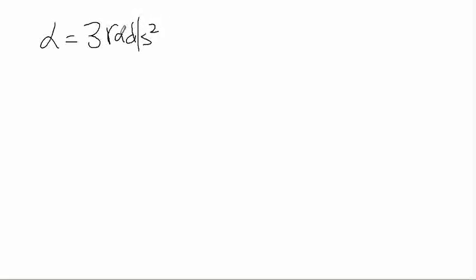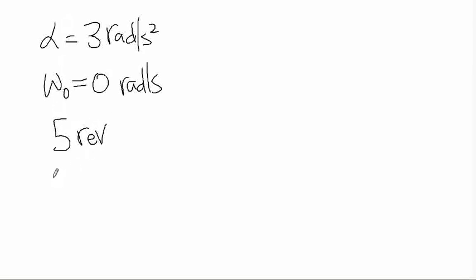Okay, and it started from rest, so the initial angular velocity was 0 radians per second. Okay, and let's say that it does 5 revolutions. I want to know what is the final angular velocity after those 5 revolutions. So pause the video and try to calculate that now, please.